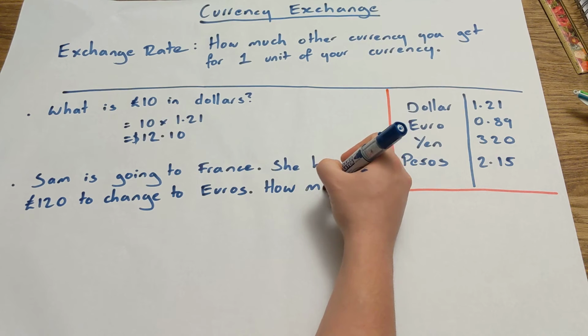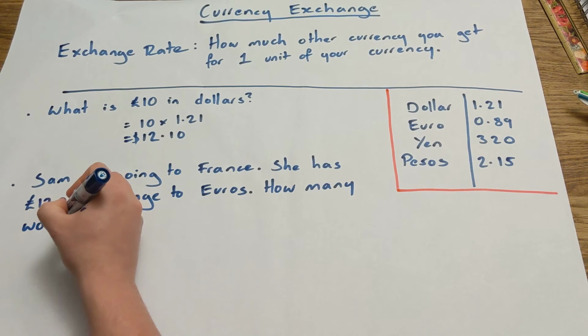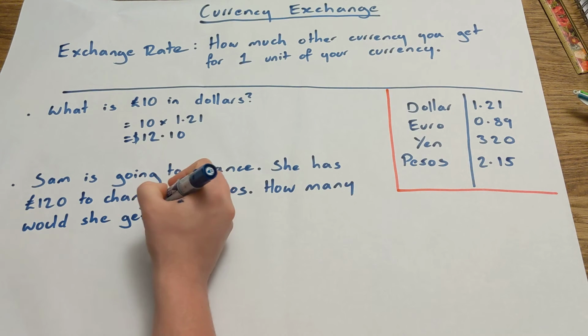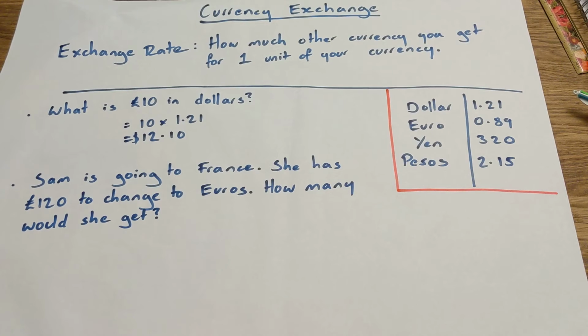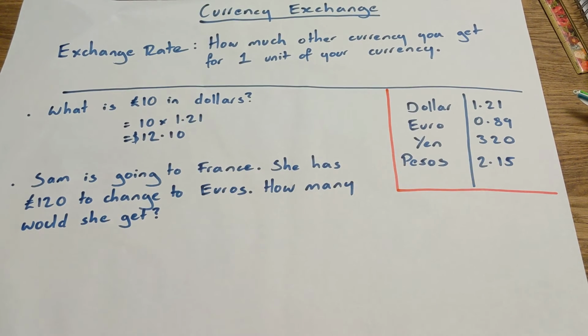How many would she get? Okay, so she's off on holiday to France, maybe she's off to work, not anywhere at the moment, but let's pretend. So she has £120 and she wants to change that into euros.